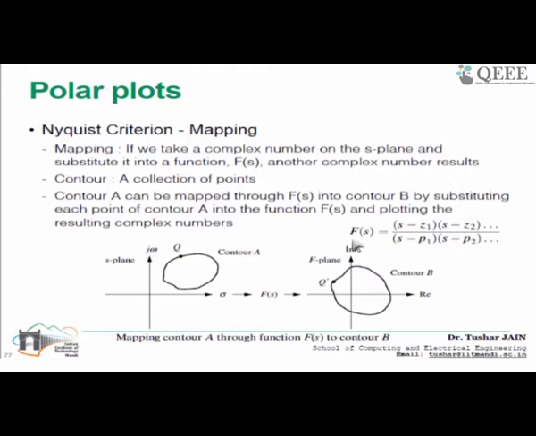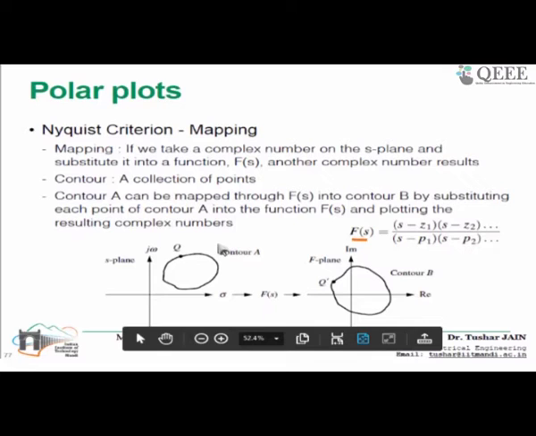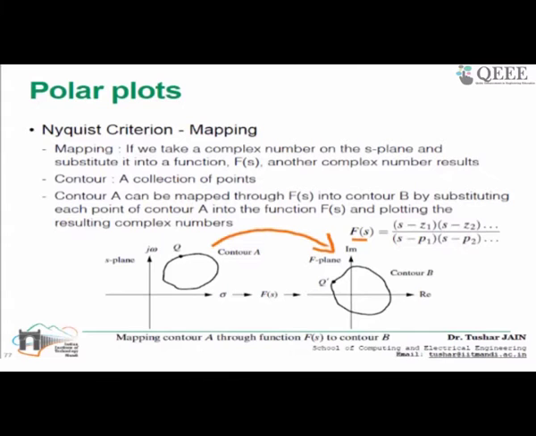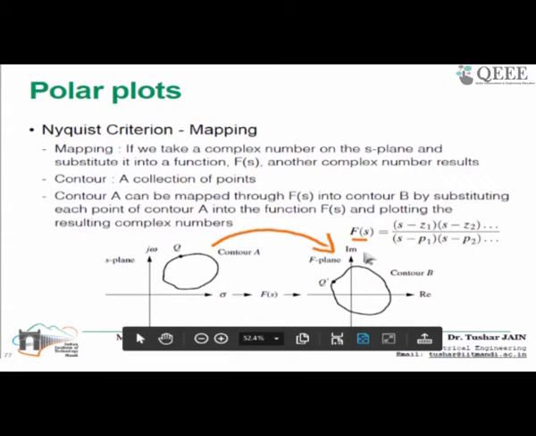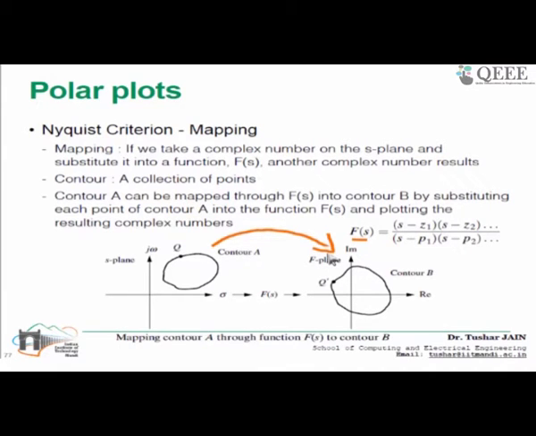If I put this into a function F(s), I map contour A to contour B. This contour A is plotted in this way in the F plane, and this F plane could be either your 1 plus GH plane or your GH plane itself.